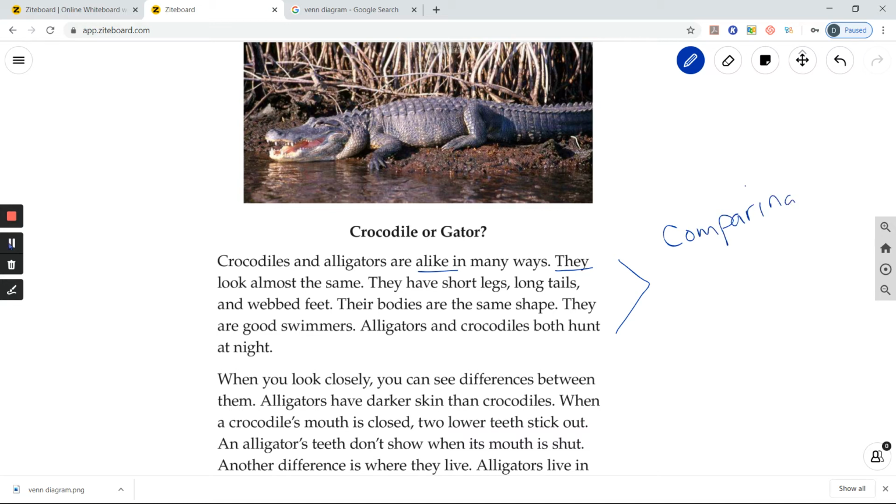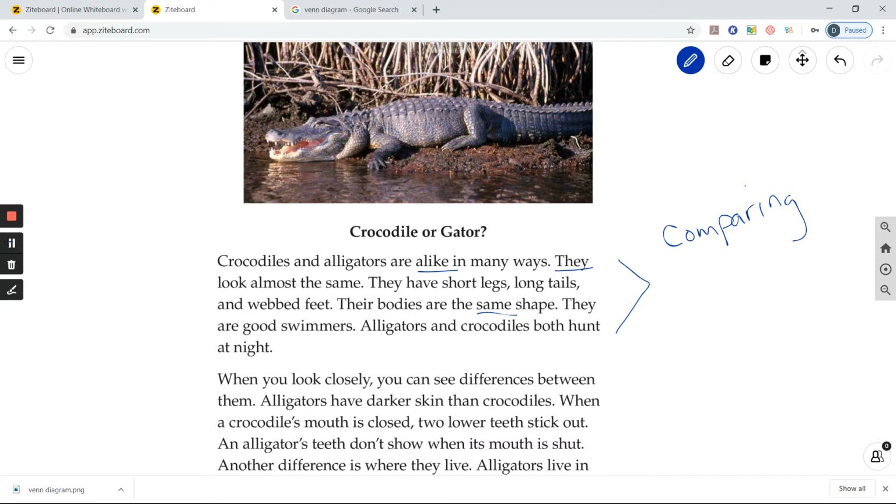What are some ways that crocodiles and alligators are similar? They look almost the same. They have short legs, long tails, and webbed feet. Their bodies are the same shape. So again, this word, the same, tells us how they're similar. They are good swimmers.